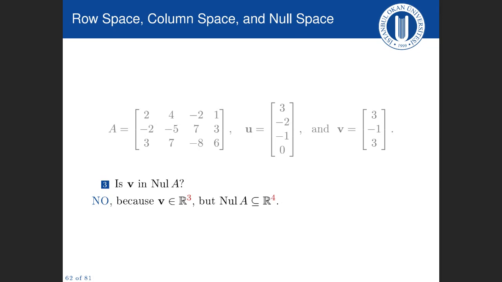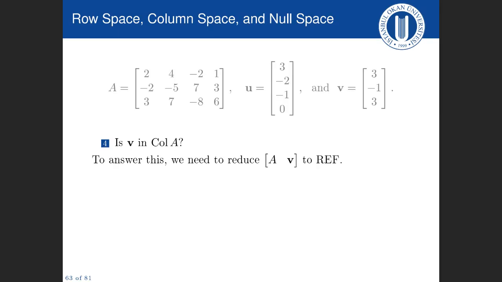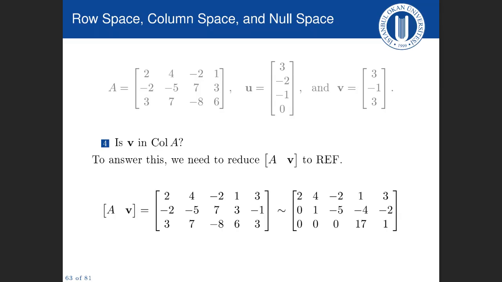And then finally, is the vector v in the column space of A? To be able to answer this, we need to reduce the augmented matrix [A | v] to row echelon form. So let's start with this augmented matrix, a 3 by 5 matrix, and then I'm going to ask you to check that this is row equivalent to this matrix.